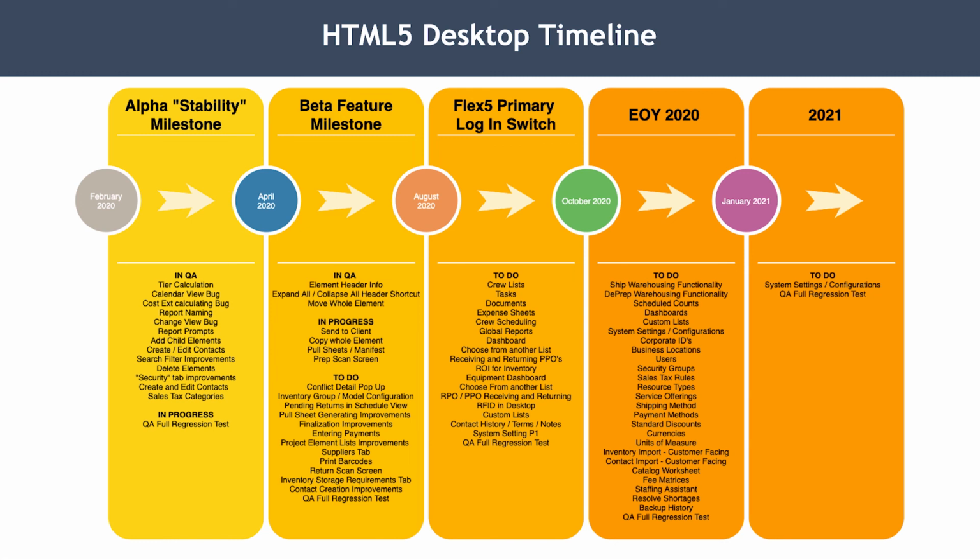But 99% of our customers will be logging into Flex 5 in October 2020. 99% of all users, all customers will have access to it. There will still be some lingering config functionality that will be moved over during the 2021 period.